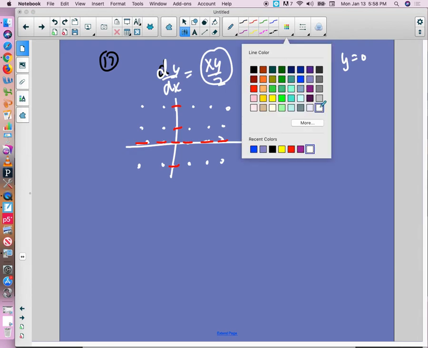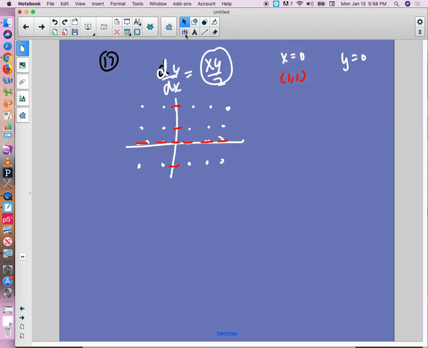Okay, now let's go to 1, 1. At 1, 1, your slope is 1 times 1 over 2, so my slope would be 1/2. At 1, 2, right up here, my slope would be 1. At 2, 1, my slope would be 2 times 1 over 2, or 1.